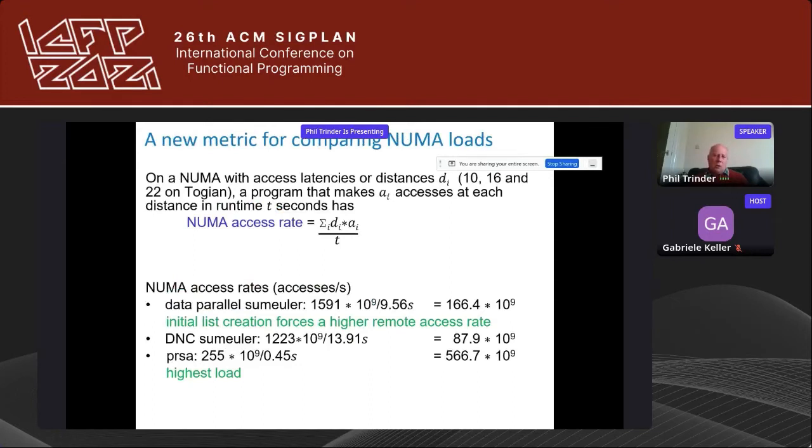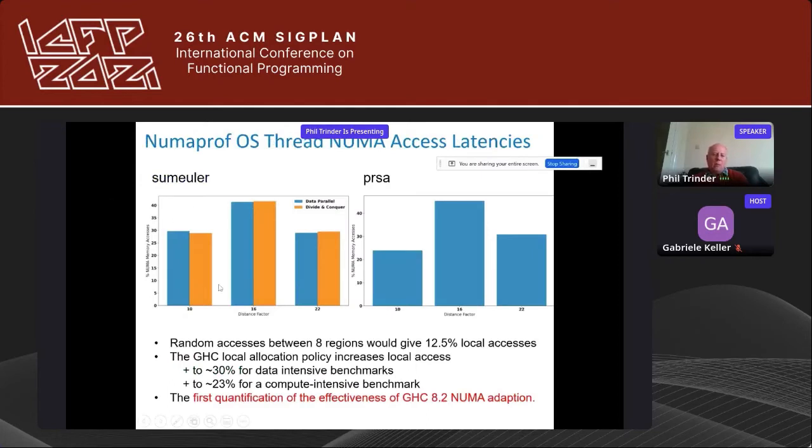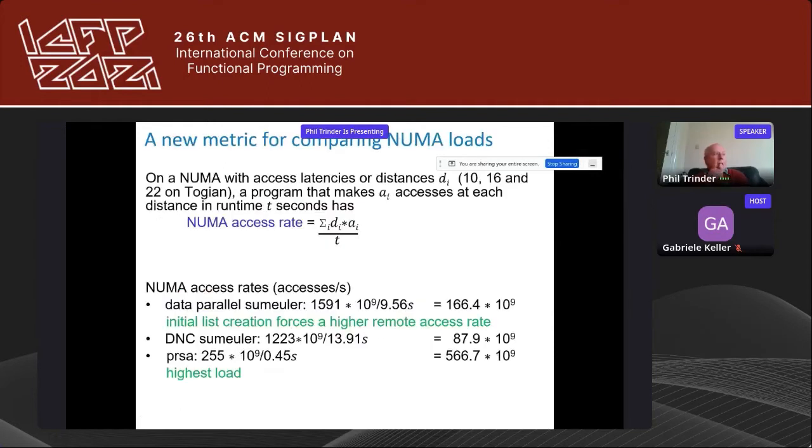We'd also like to compare these programs. How much load are these 3 different programs placing on the memory system? We propose the following metric for comparing that load.